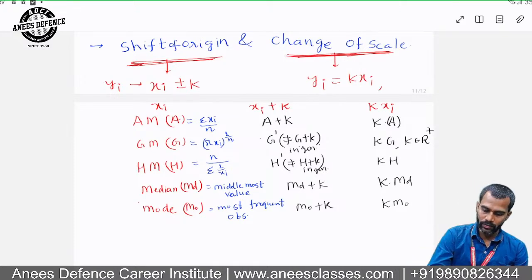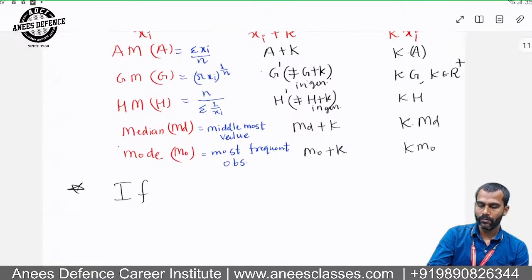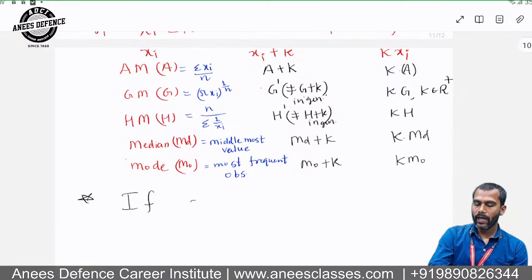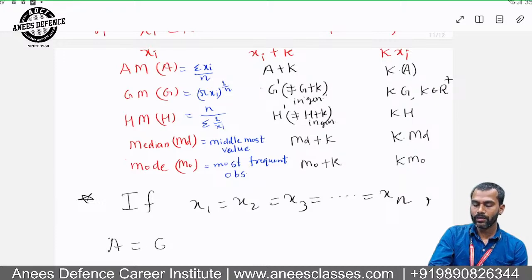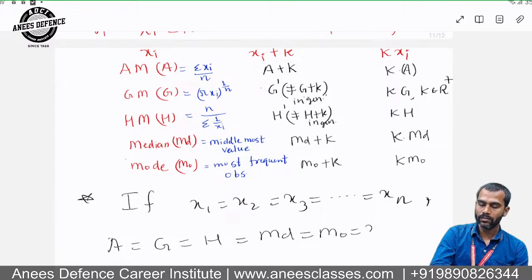One note you can just write. If x1 is equal to x2 is equal to x3 and so on, all equal to x, and all the observations are the same, then tell me, A is equal to G is equal to H is equal to Md is equal to Mo is equal to xi.